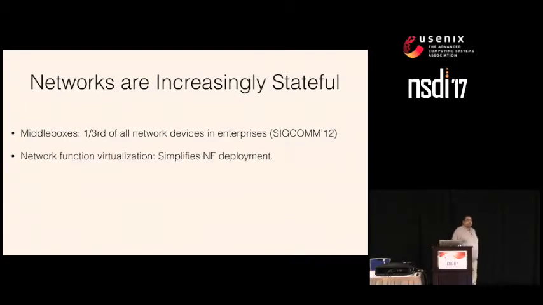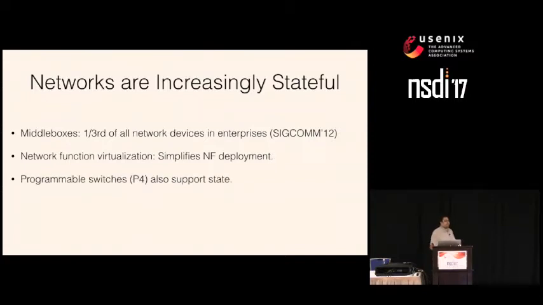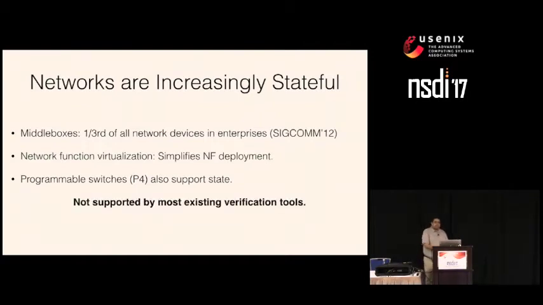And then with the rise of things like NFV, the number of these devices is only growing. And finally, we have all of this recent excitement around programmable switches with P4 and such, and these contain registers which are again stateful. And most existing verification tools have completely ignored this problem, and the little work that has been done on this has some other issues with it, which I'll discuss.